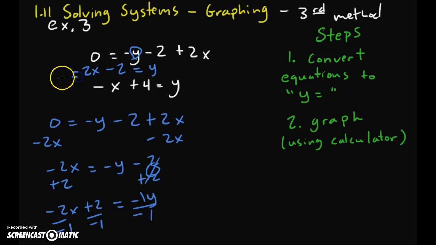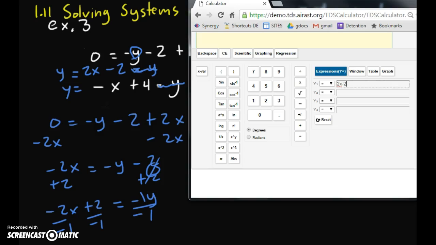We can switch the sides of the equal sign. That's not a property or anything, that's just moving it. And then the bottom one, negative x plus 4.